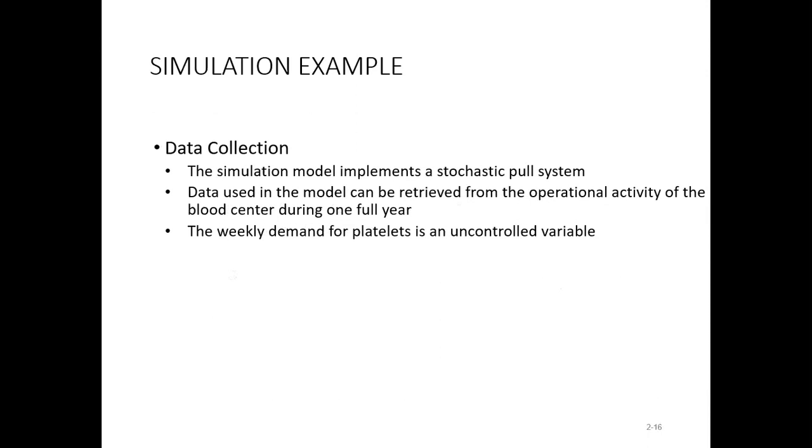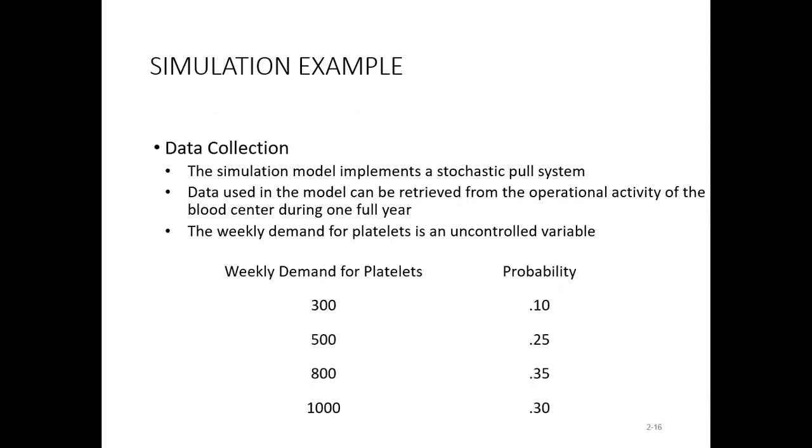Now let's look at the stochastic pull system. The operational activities of the blood center for the last 1 year are studied, and weekly demand for platelets, which is an uncontrolled variable, is now put in a probabilistic distribution.